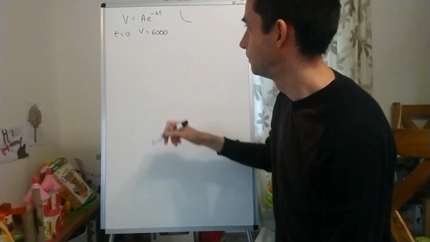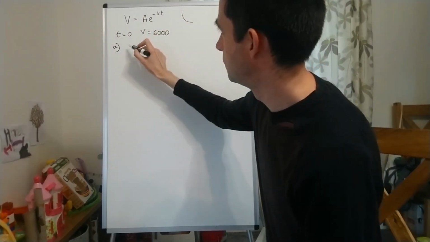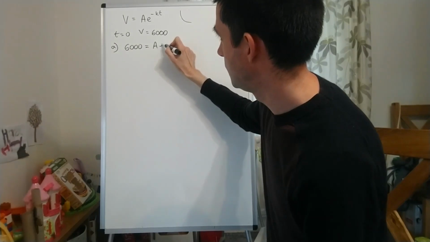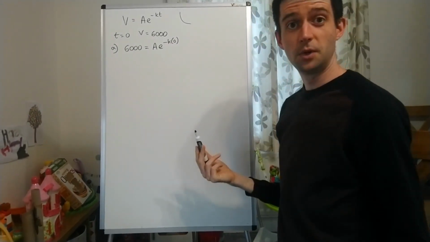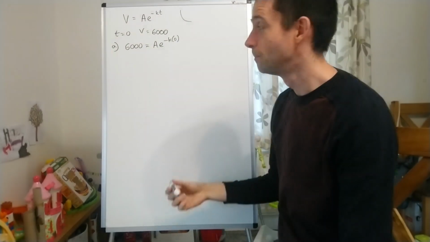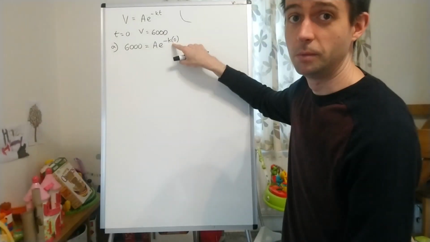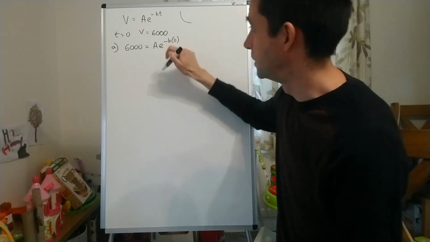So, part A, using the equation v, we know is 6,000, equals a e to the negative k times 0, which is our value of t, because it's the start, it's when it's new, it's our initial value. K is a number, times it by 0, it's still going to be 0. E to the power of 0, anything to the power of 0 is 1.